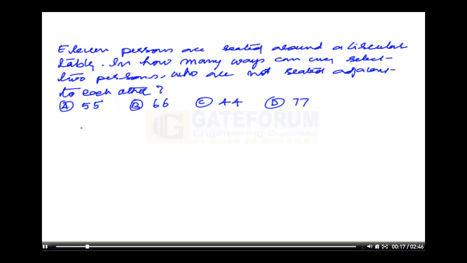So first let us seat all the 11 persons around a circular table, P1, P2, P3, P4, P5, P6, P7, P8, P9, P10, P11.